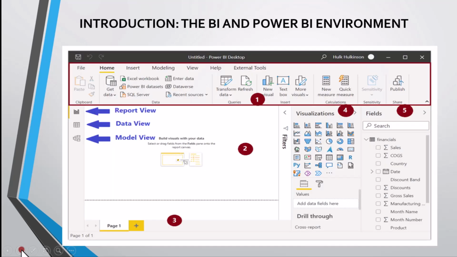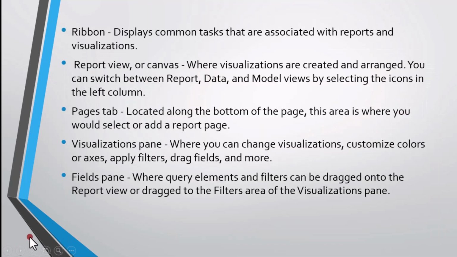Here is a pictorial representation of the Power BI environment. We could see we have the report view, the data model. 1, 2 to 5 is listed here to be explained in the next slide. The ribbon tab displays the common tasks that are associated with reports and visuals.